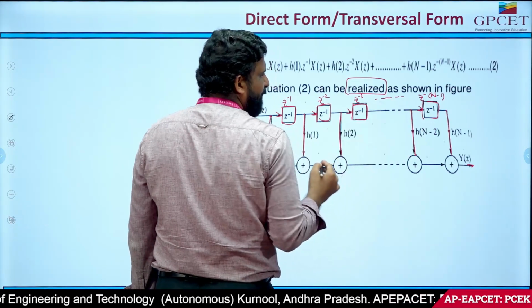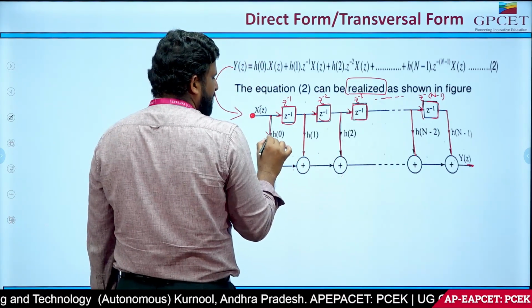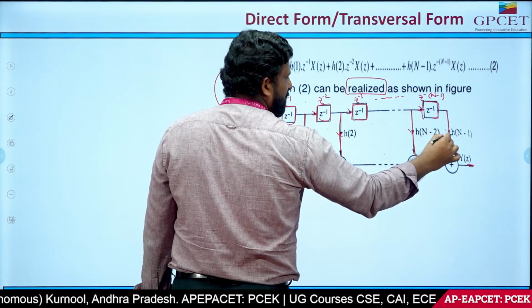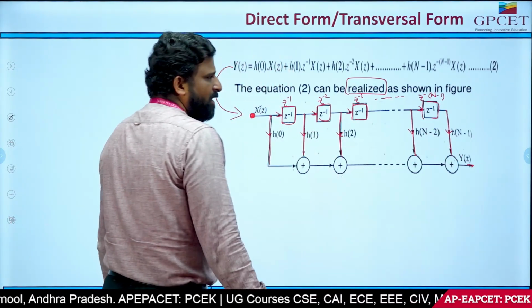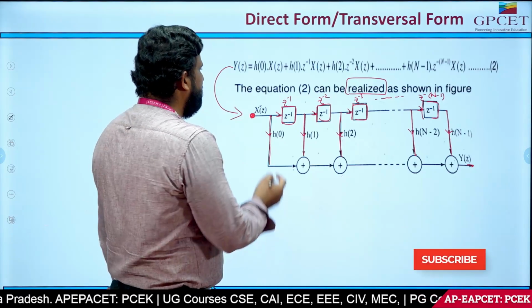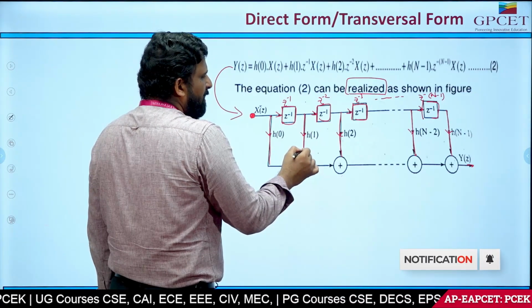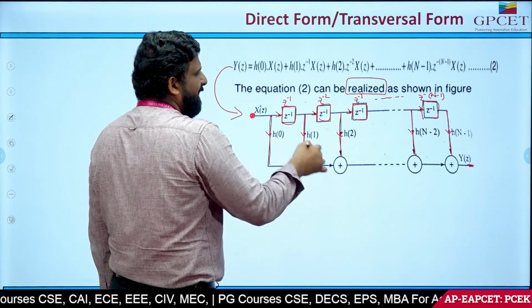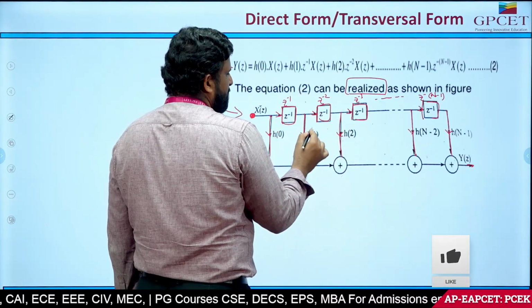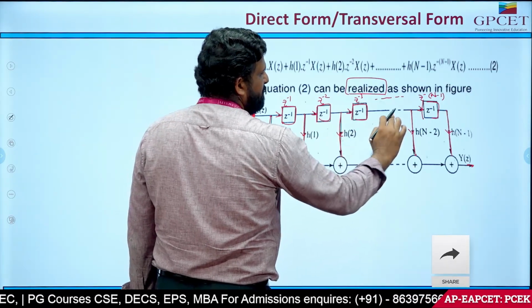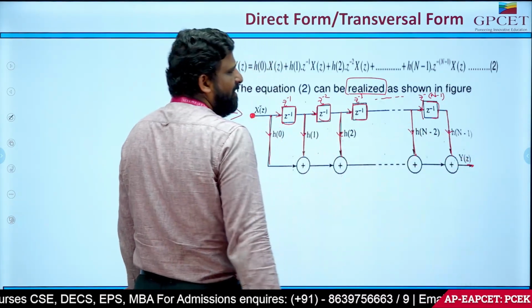These arrow marks will play a major role. If these arrow marks are kept in the wrong direction, wrong equations will be formed. So in the second step, I have drawn all the impulse responses between the delays: one response, a second response between two delays, a third response, fourth, fifth, and so on.